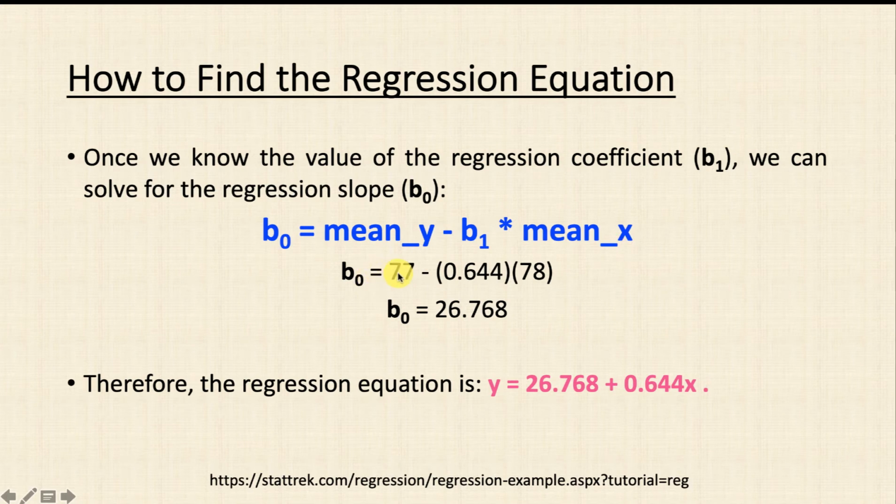Based on the values we have calculated, we get b0 equal to 26.768, right? So after that we have the final solution. Our equation is y is equal to 26.768 plus 0.644x. Now for different x values you can predict the y values.